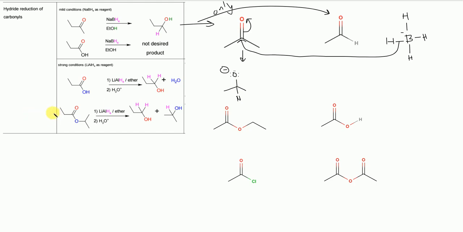Okay, so I'm reducing. Reduction is the process of essentially adding hydrogens to things and increasing the electrons that carbon owns. Okay, so oxidation is the opposite, where I increase the amount of oxygen bonding. So I am reducing these oxidized centers, and so I'm adding a hydrogen, and then all that will happen is the EtOH will act as a proton donor, and so this is going to come take this.